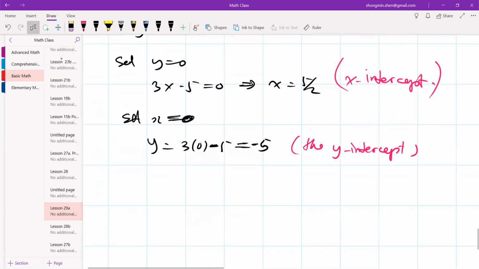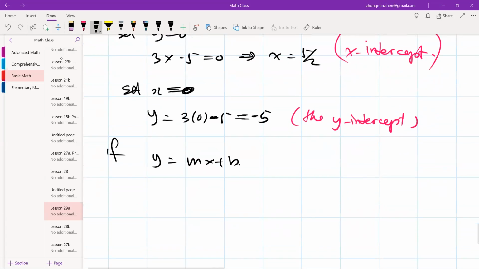In general, if y equals mx plus b, what can you tell about this? Then m must be the slope of the line, and b must be the y-intercept.